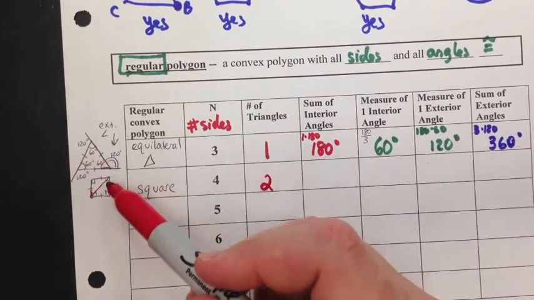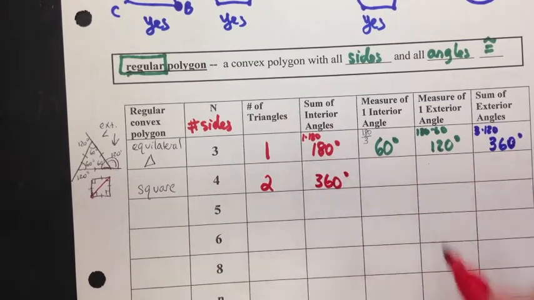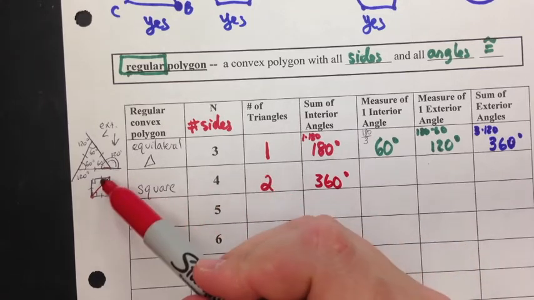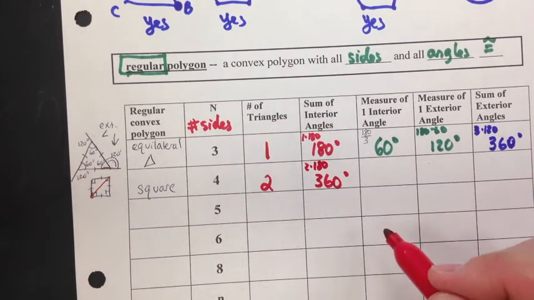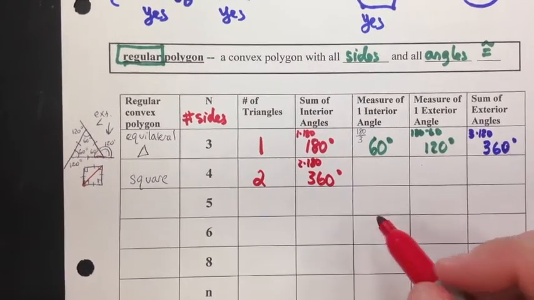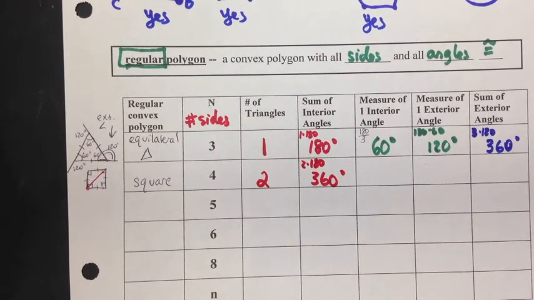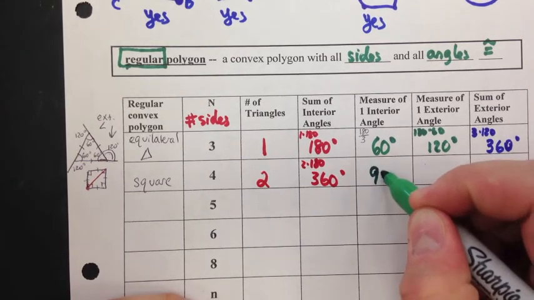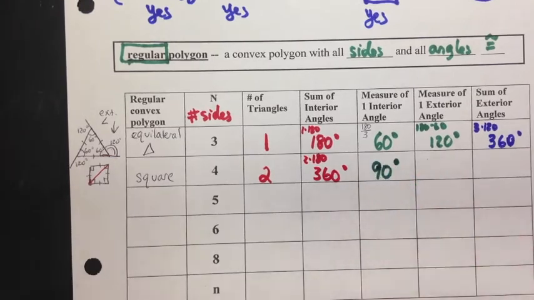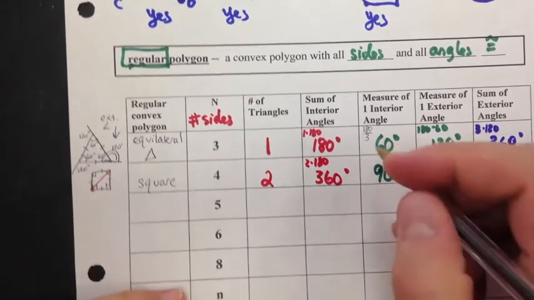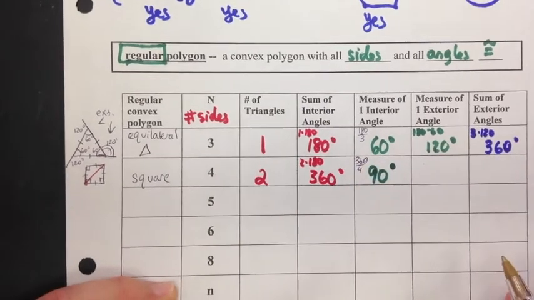Now, you know that in a square, 90, 90, 90, and 90 is 360. But you could also think about it as, hey, 2 triangles, each triangle is worth 180, so that adds up to 360. Okay? The measure of one interior angle is 90 degrees because 360 divided by 4 is 90.